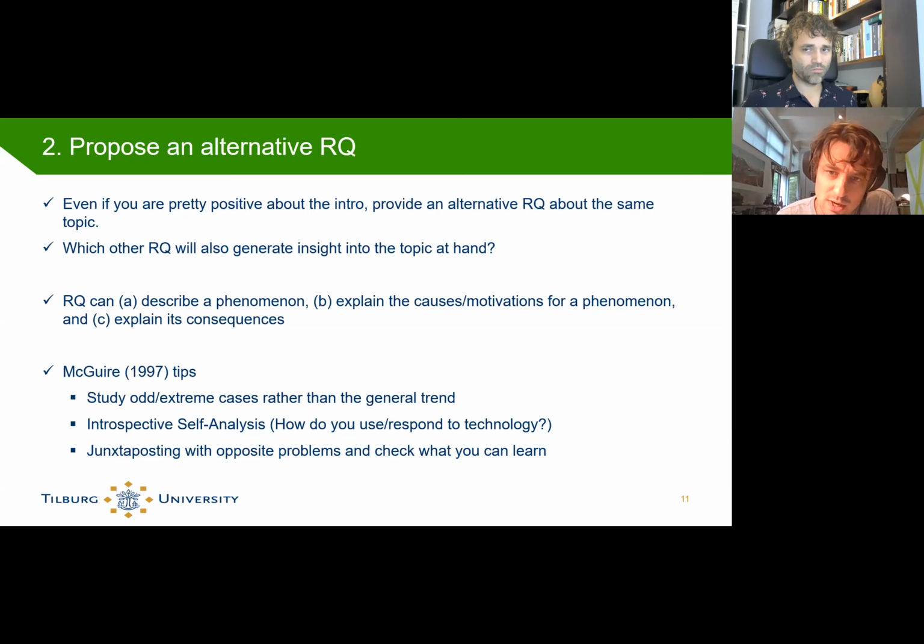One of the ways you can do this, for example, if your article proposes some relationship, is to ask: in which circumstances does that relationship not occur? So when is the relationship between A and B, or X and Y, maybe different, right? Another tip is to look at your own experiences.